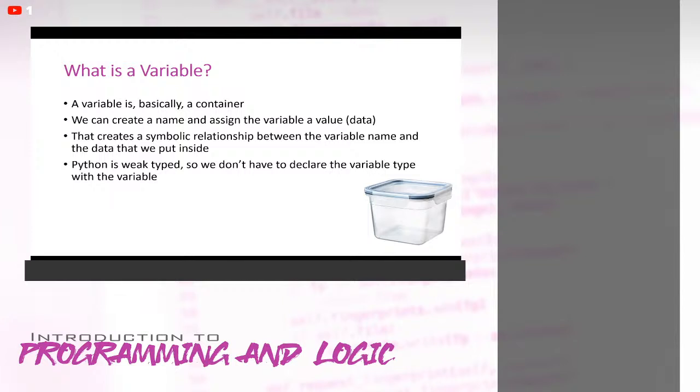We're thinking about a variable as a container. And so essentially what we're doing with our container is we're creating this container. You can think of it like a box or a jar or whatever. And we put a label on it.